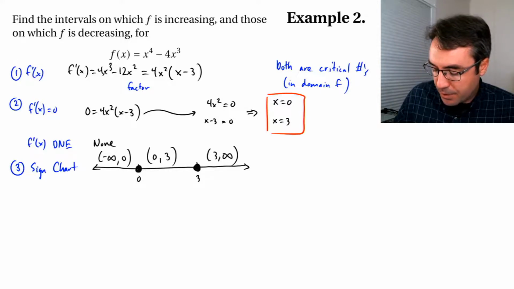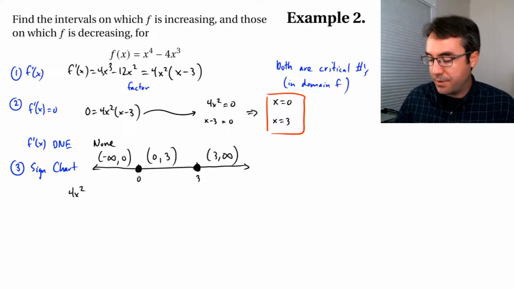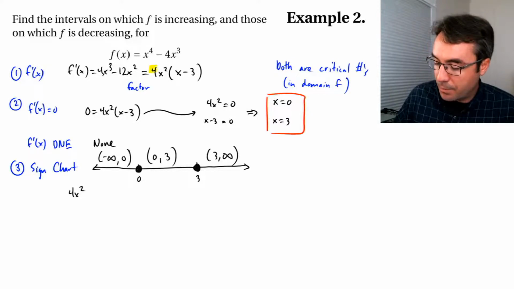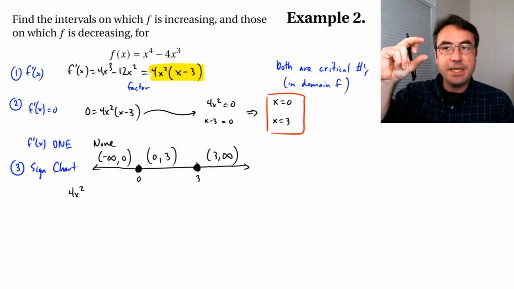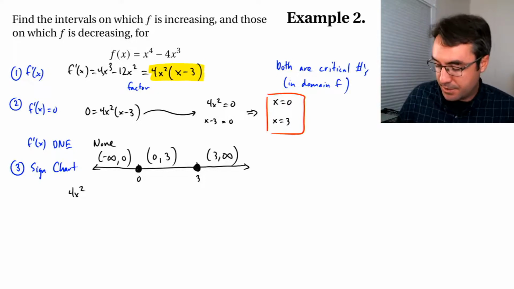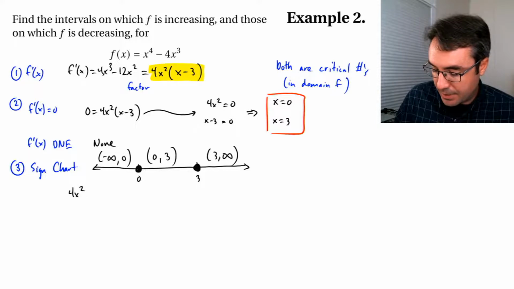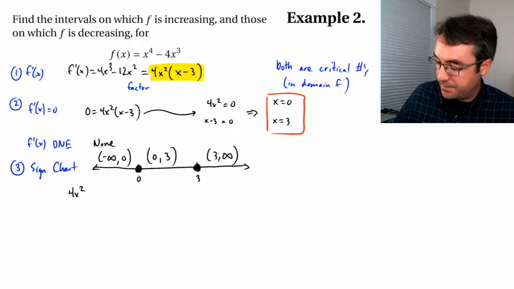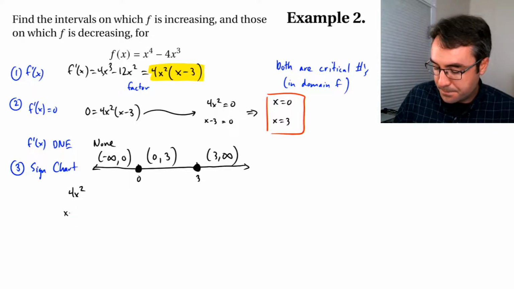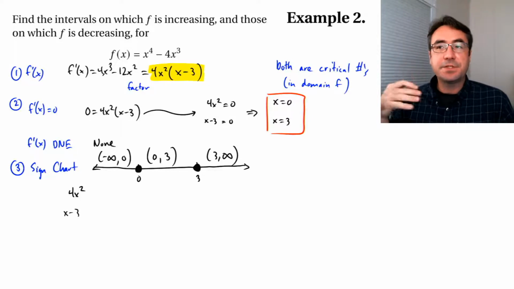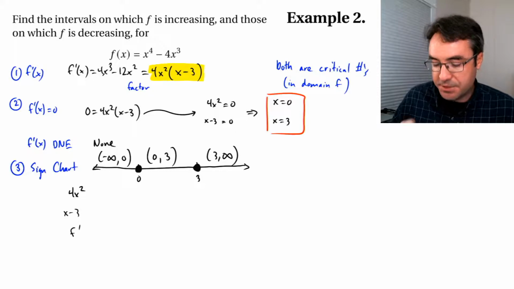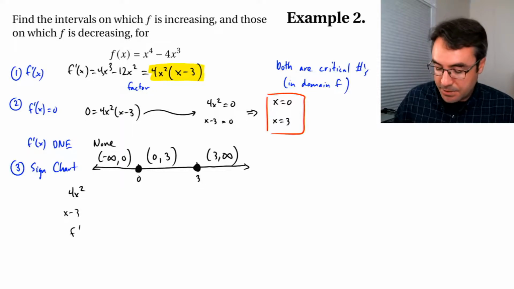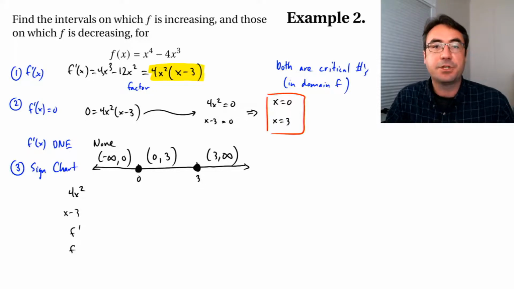And what we're going to do is look at each factor of our derivative. So we're going to go back to the factored version of our derivative and take each of those individual factors, the 4x squared and the x minus 3, and we'll look at the sign of each of those individual factors and see what that tells us about f prime, and then ultimately what that tells us about our function f.